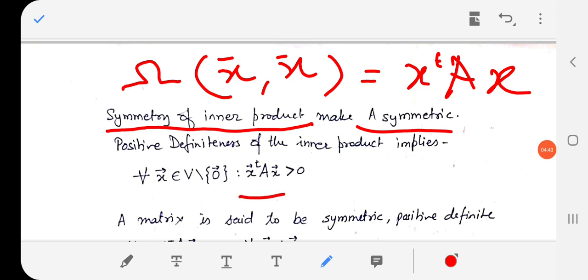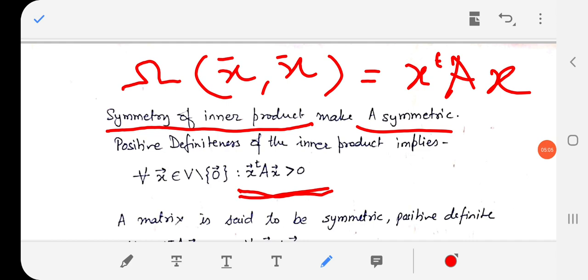So the same thing which we are looking at in omega, the positive definiteness in the definition of the inner product, actually results in the matrix form like this.